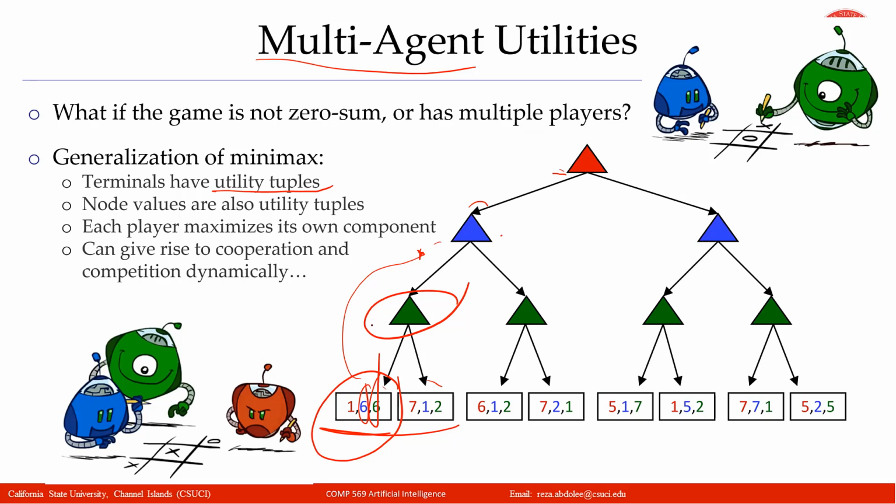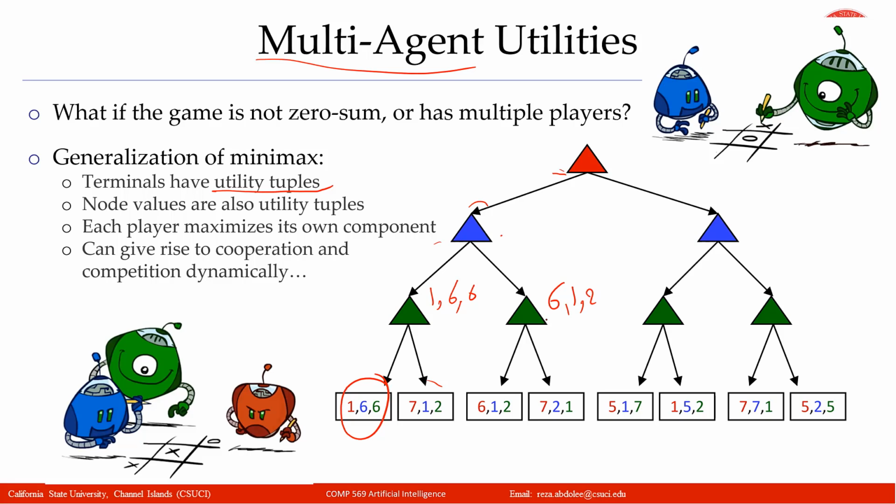So let's run this algorithm to give you some idea, because in the assignment you have something similar to this. The green player is going to choose this one in here, so we're going to have 1, 6, 6, and in here the green player is going to choose 1, 6, 2 because it's going to maximize its utility.